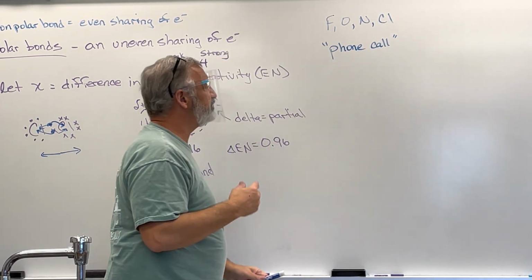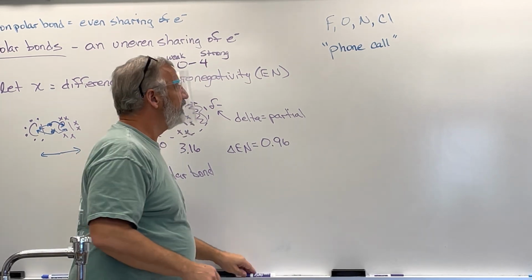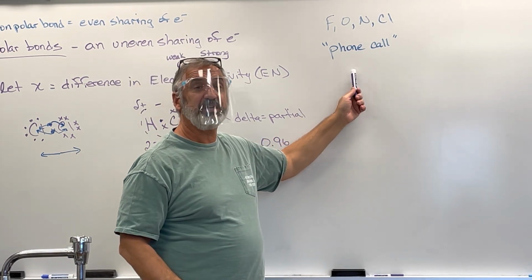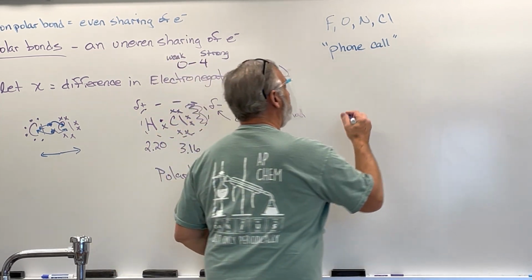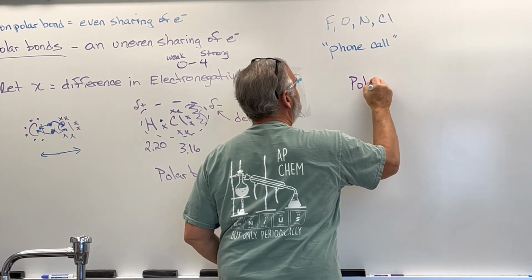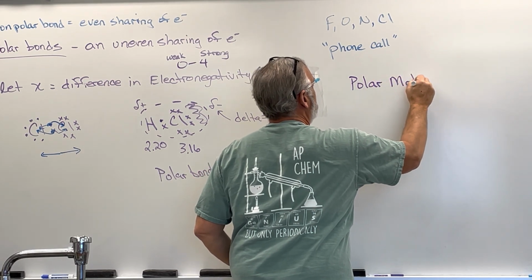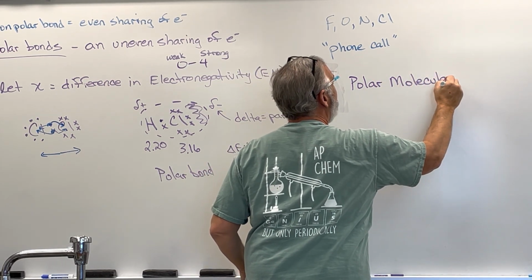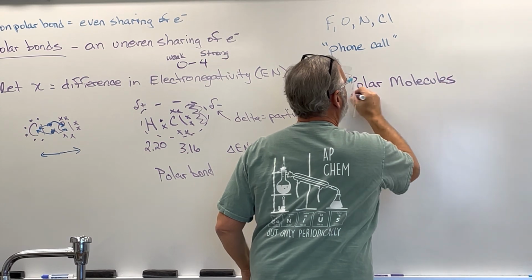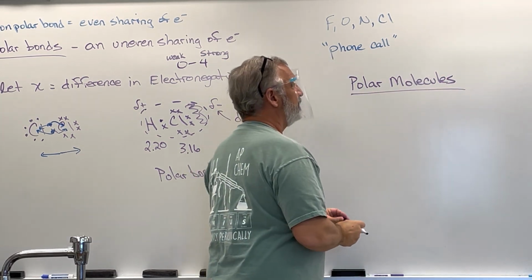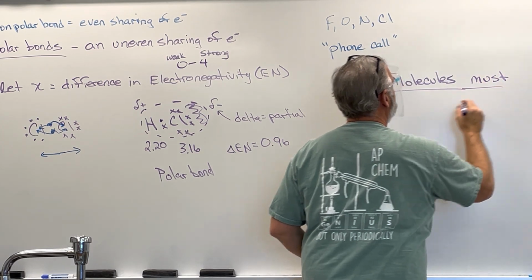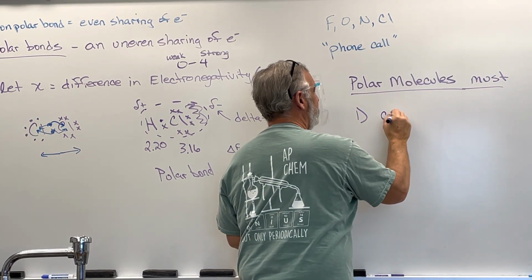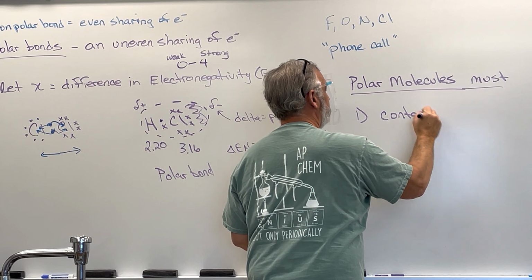But now this is where the shape comes in. Just because it has polar bonds, the molecule itself doesn't necessarily have to be polar. In order for a molecule to be polar, polar molecules must, number one, contain at least one polar bond.